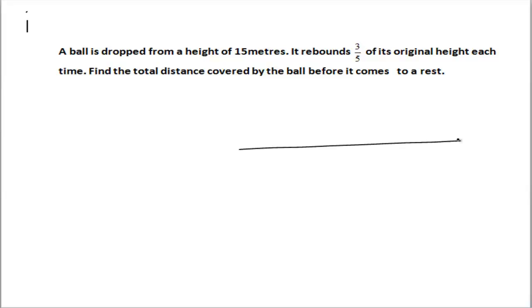It's dropped from a height of 15 meters, which means it will go up 3/5 of that distance, and 3/5 of 15 gives you 9 meters, and then it will come down 9 meters, and then it will go up 3/5 again, and it will come down.